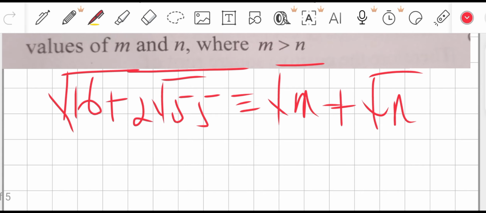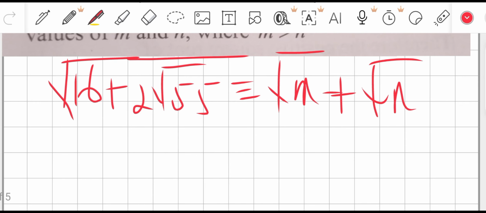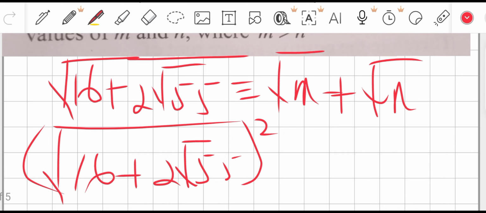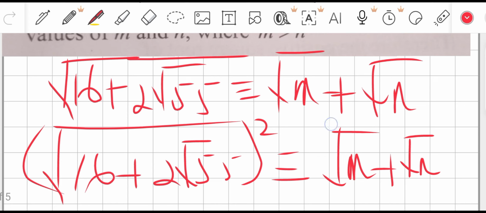The best we can do is to square both sides so that we can get rid of the radicals involved. So in our attempt to square the left hand side, we have 16 plus 2 root 55. We square all of this, and this should be approximately equal to root m plus root n, all squared.